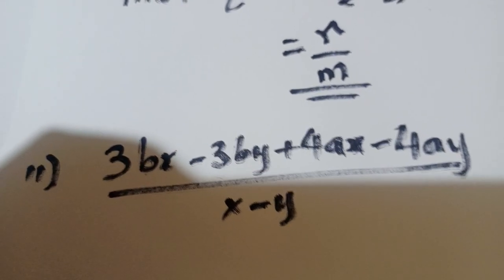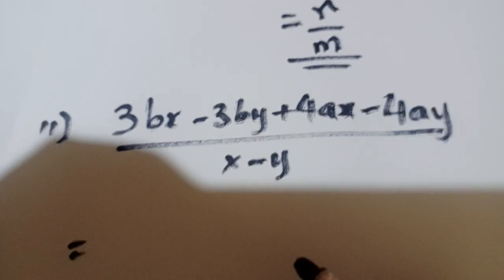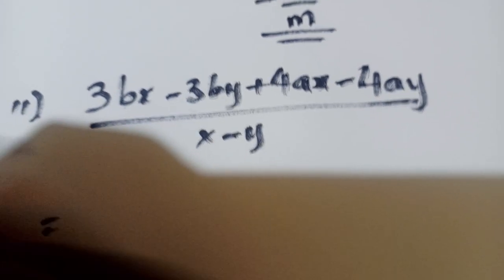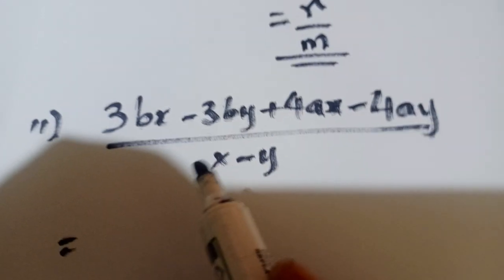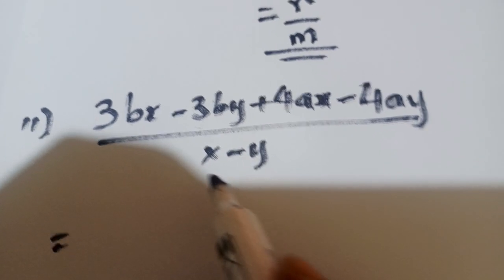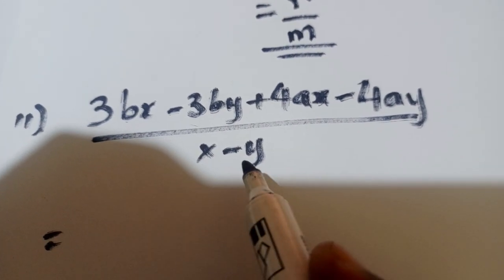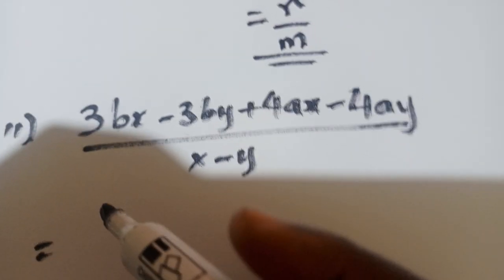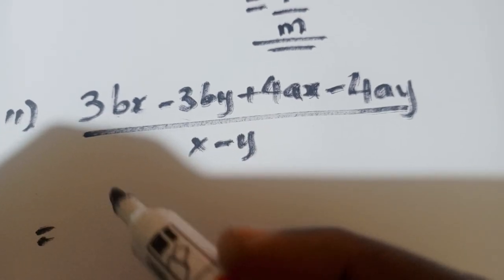Again, as we said earlier, we deal with the numerator and the denominator separately. In this case, we have the numerator. We can say that the denominator is already in its simplest form. So we have the numerator which we need to factorize and get factors.